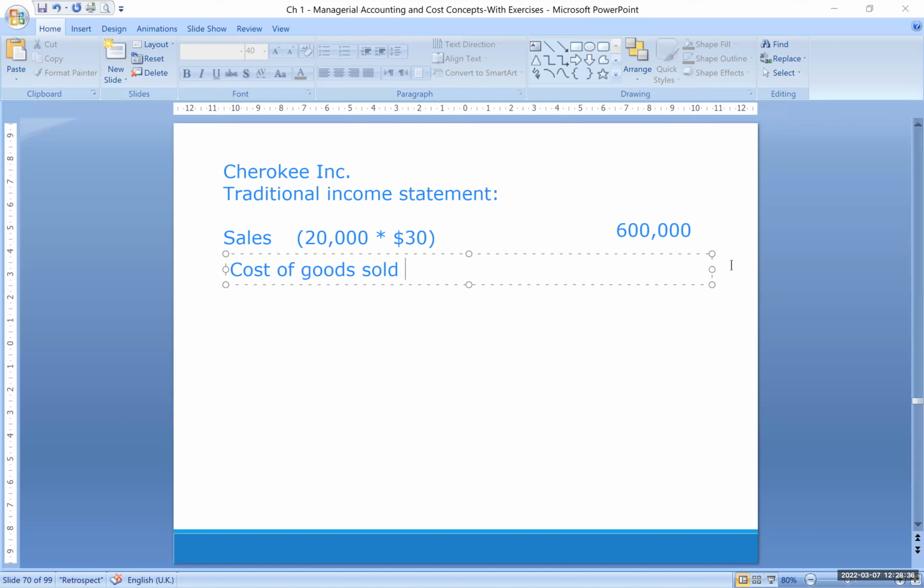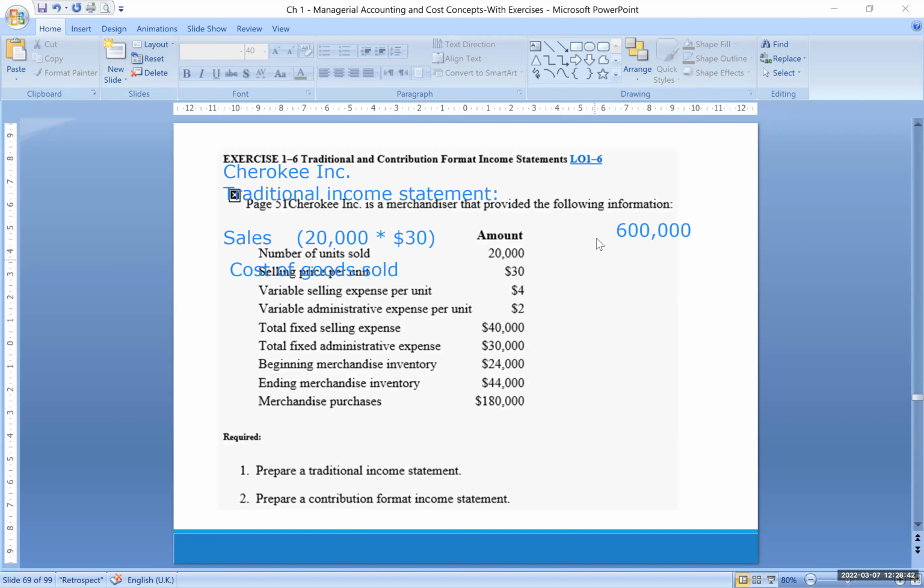Go back to the question if you like. We have the beginning inventory 24, the purchases 180, and the ending inventory 44. If you remember, the cost of goods sold is calculated as beginning inventory plus the purchases minus the ending inventory.